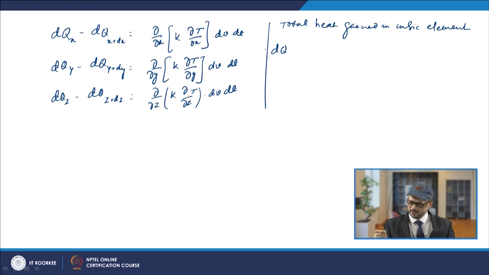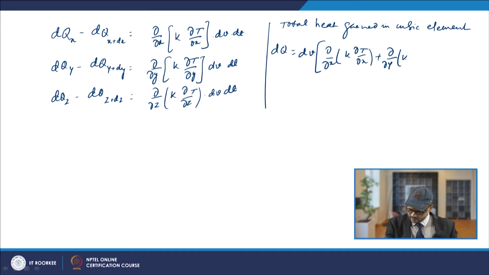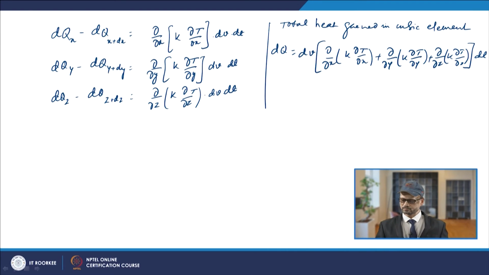If you write this, you can take the dV term out, and you have dou by dou x of k dou T by dou x plus dou by dou y of k dou T by dou y plus dou by dou z of k dou T by dou z, and then the term dt comes into the picture. So this dq term is coming as dV into this.